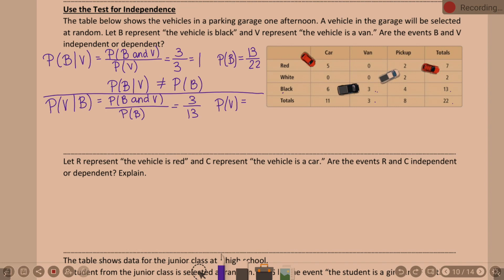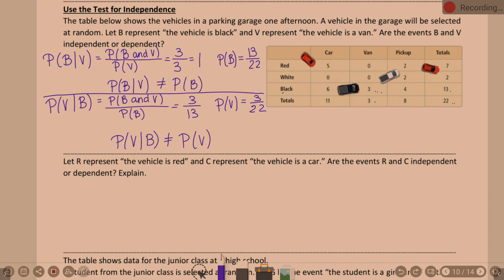How many vans? 3 out of? 3 vans out of how many total vehicles? 22. What are we showing here? Probability of a van given that it's black does not equal the probability that it is a van.